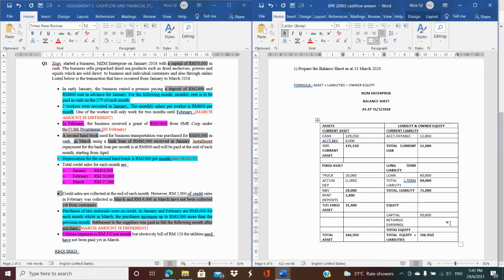Minus 50,000, it should be 45,950 here. If you want to check whether it is correct, we can look at the income statement of March. It must be this amount. So check back. Okay, I had to show it anyway.